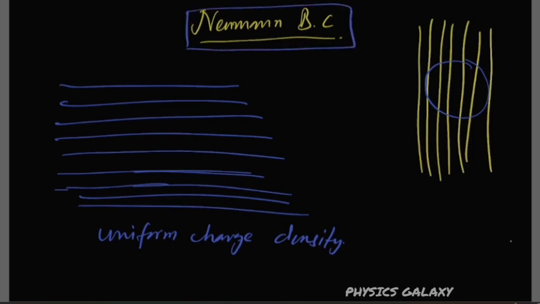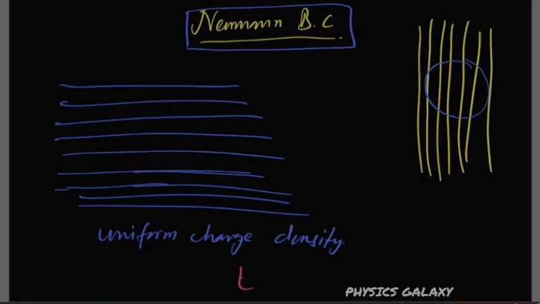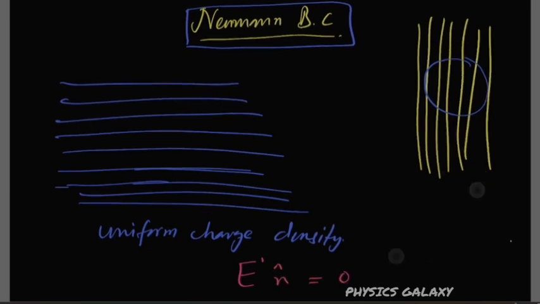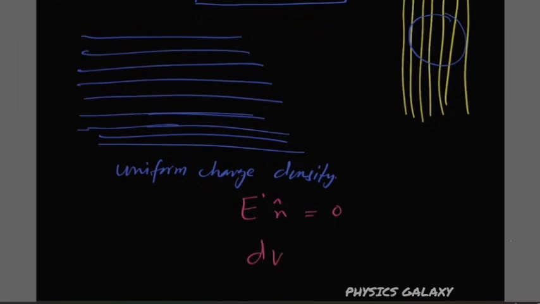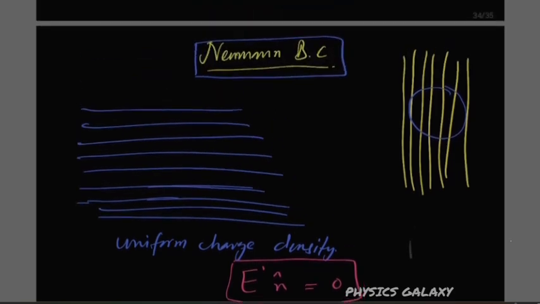It is given that the normal component of the electric field at the boundary is 0, so E normal is 0. That means dV by dn is 0, because the electric field is the negative gradient of the potential. If the normal component of the electric field is 0, the normal derivative of the potential is 0. So we're using Neumann's boundary condition.